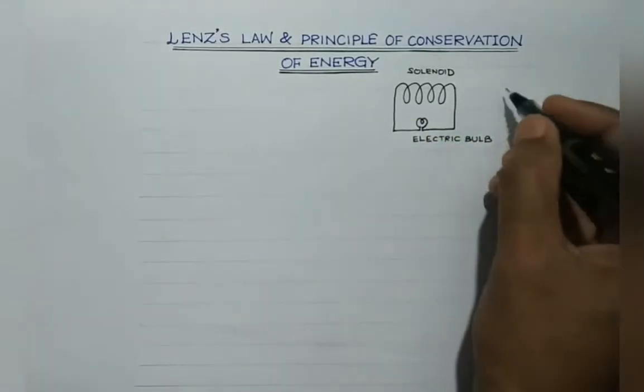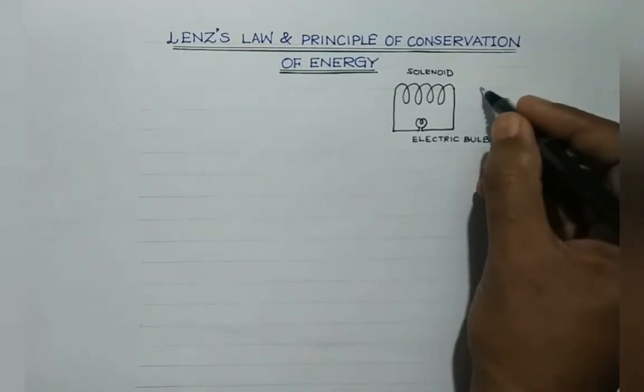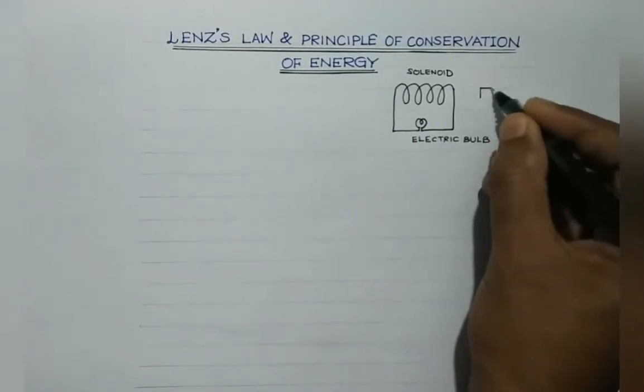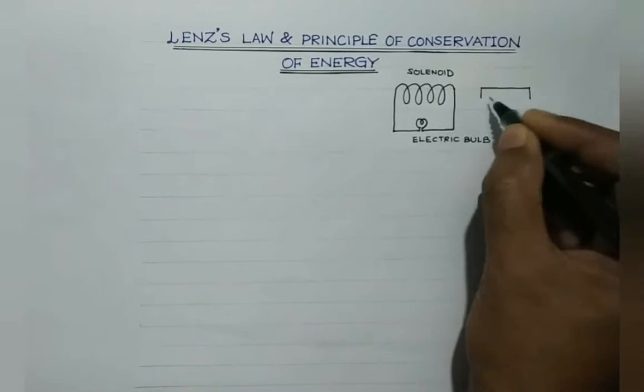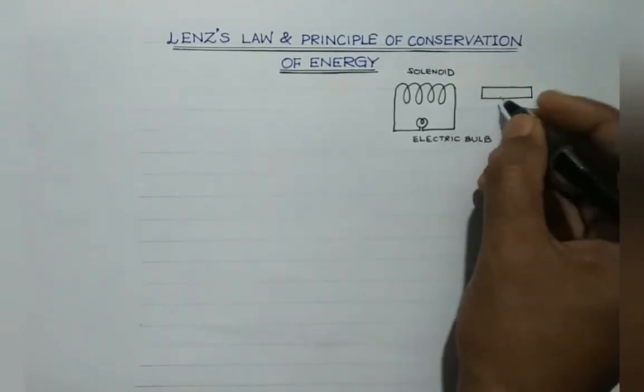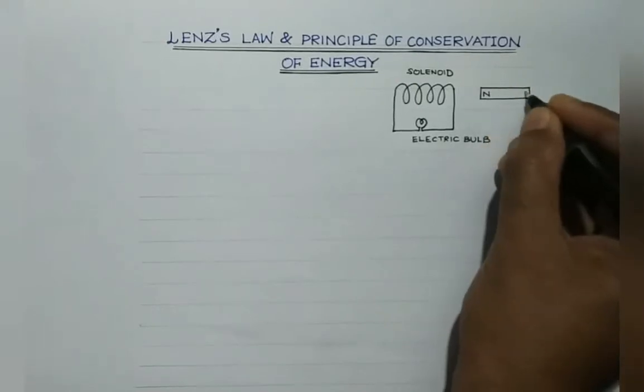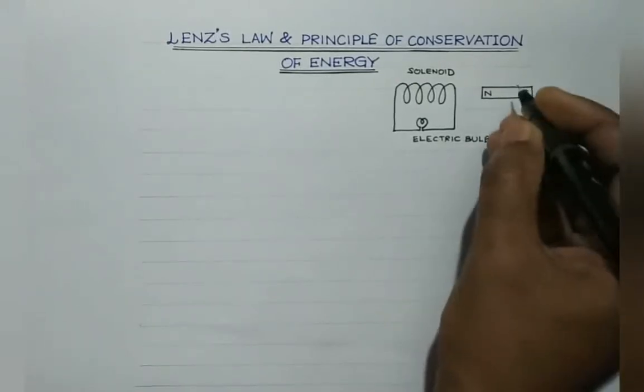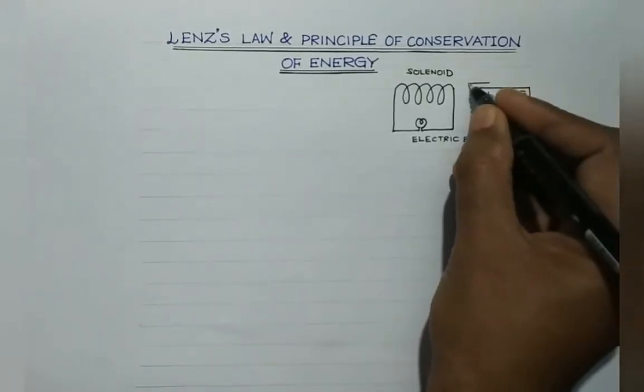Now imagine a bar magnet, with its north pole facing the solenoid, moving towards the solenoid, right?